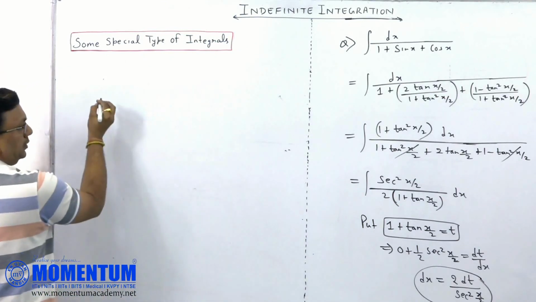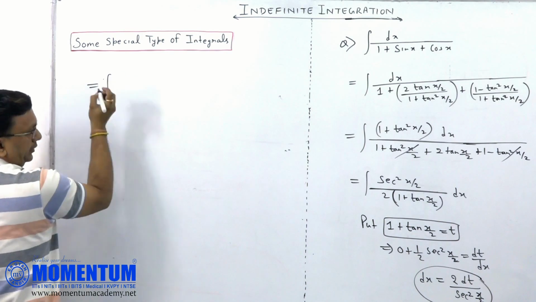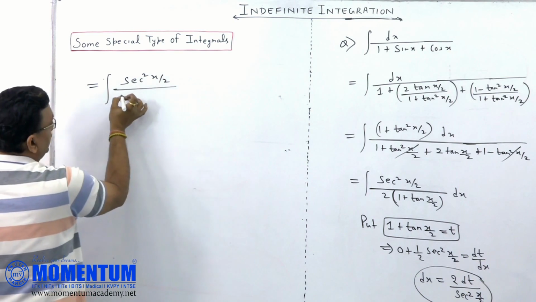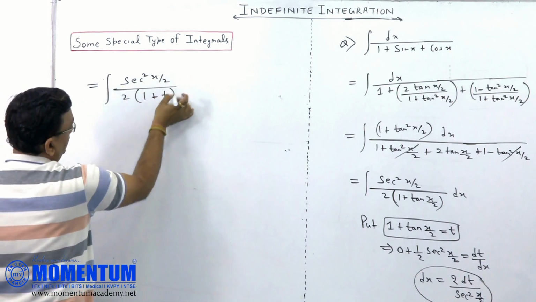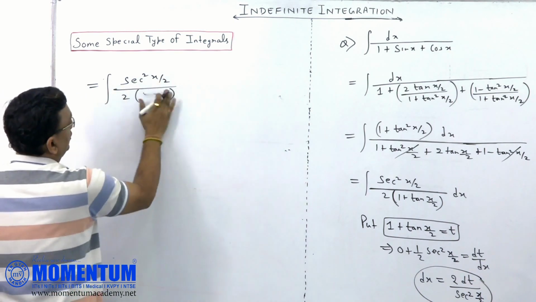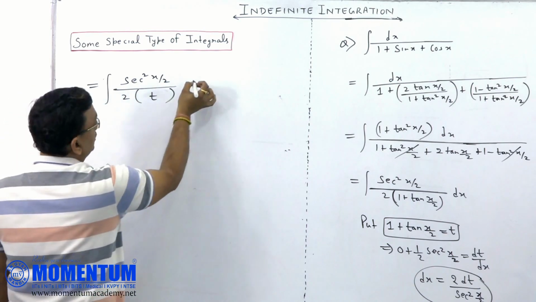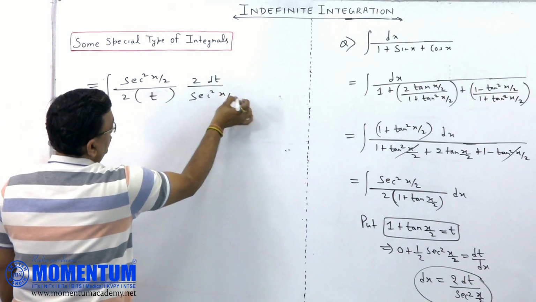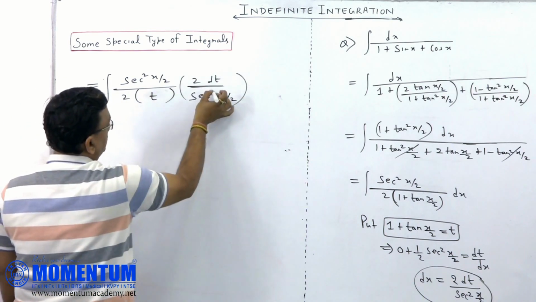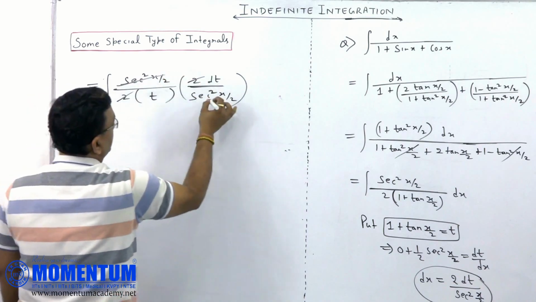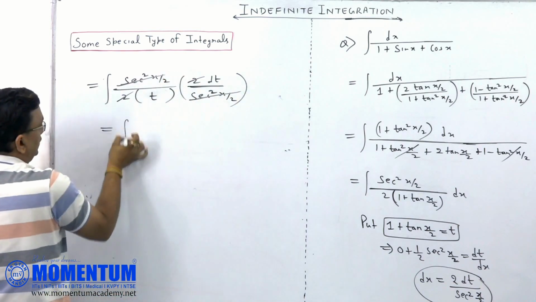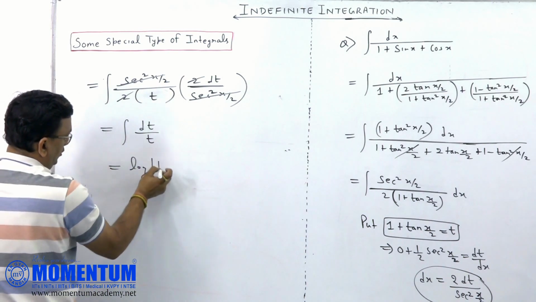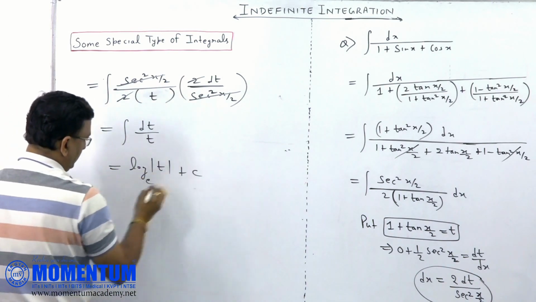So integration sec square x by 2 divided by 2 times 1 plus t, only t, and in place of dx 2 dt divided by sec square x by 2. 2 and 2 cancel, sec square and sec square cancel. So now integration of dt by t, which is log of mod of t plus c.